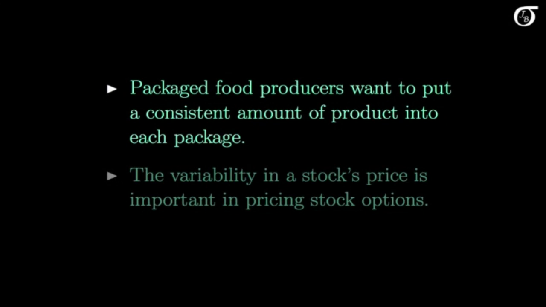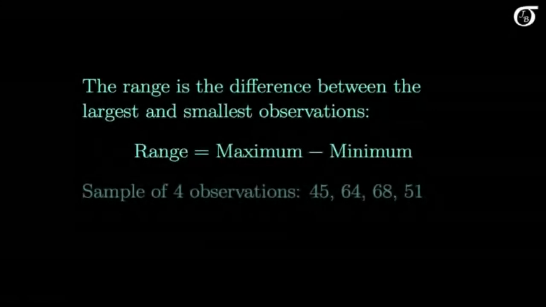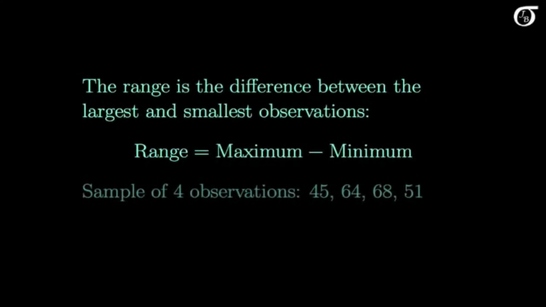They would like little variability in the weight of the product. And the variability in a stock's price is a very important factor in pricing stock options. There are many different measures of variability, and let's start with a simple one, the range. The range is the difference between the largest and smallest observations, or in other words, the maximum minus the minimum.